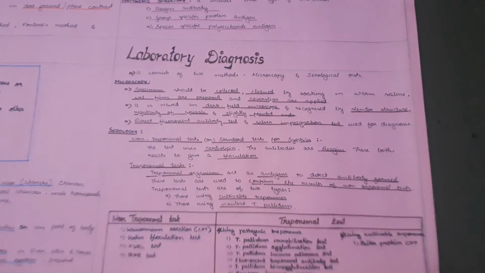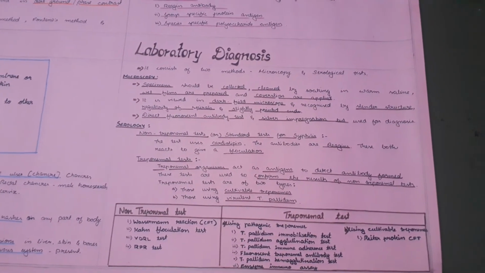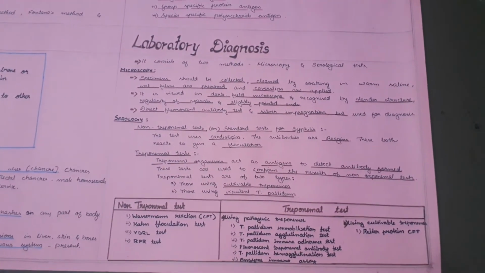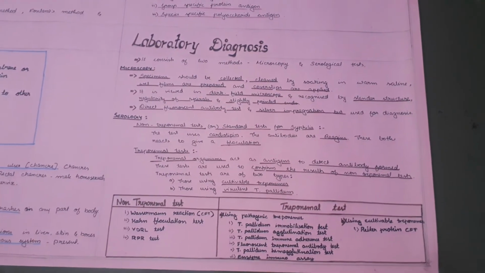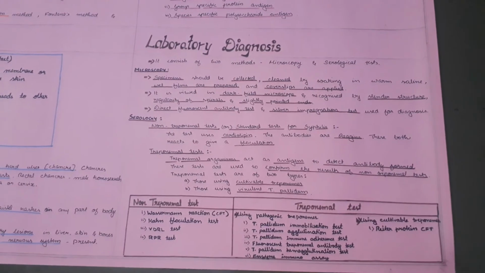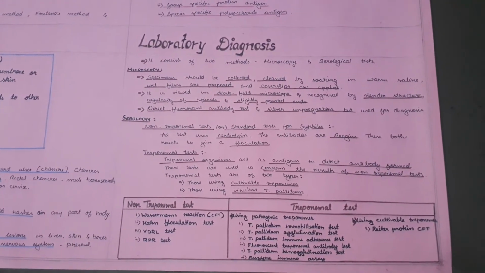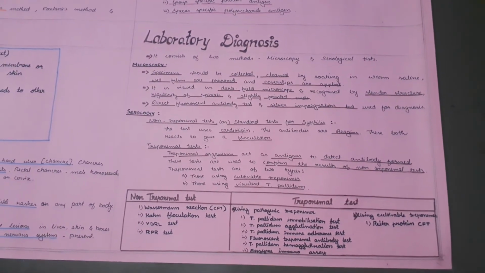Coming to the serology methods, non-treponemal tests or standard tests for syphilis are the first one. This test uses cardiolipin. The antibodies present are reagin. Both the cardiolipin and the reagin react together to give flocculation, and through this we observe the results.